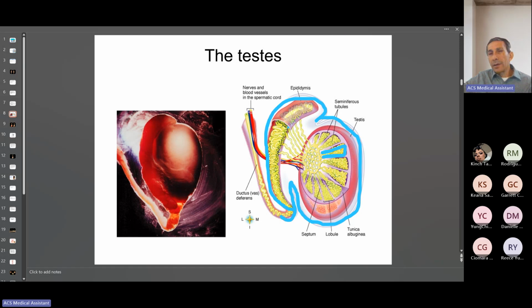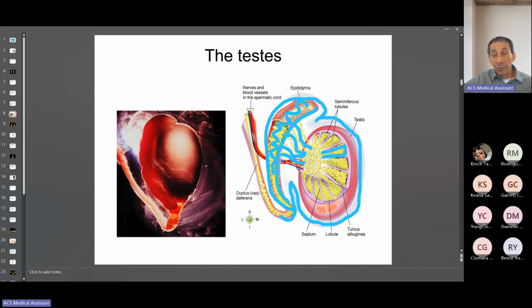This part right here is called the epididymis, this little structure that looks like, I don't know, a comma sign. It is on top of the testicle. All these seminiferous tubules that are within the testicle move to this little structure that is part of the testicle, of course, but a separate structure.